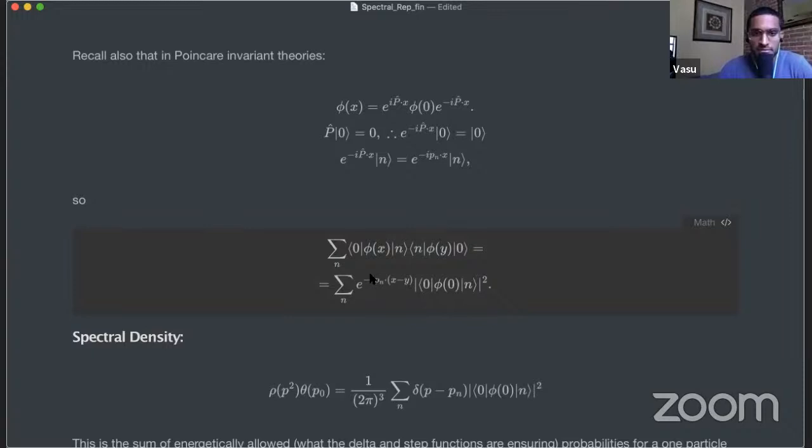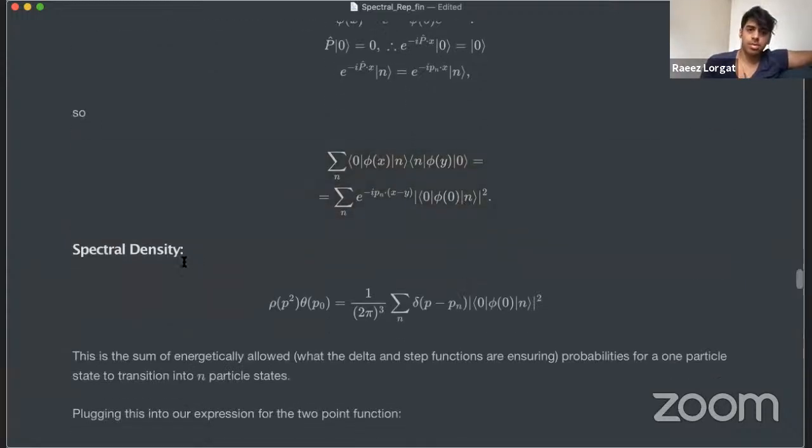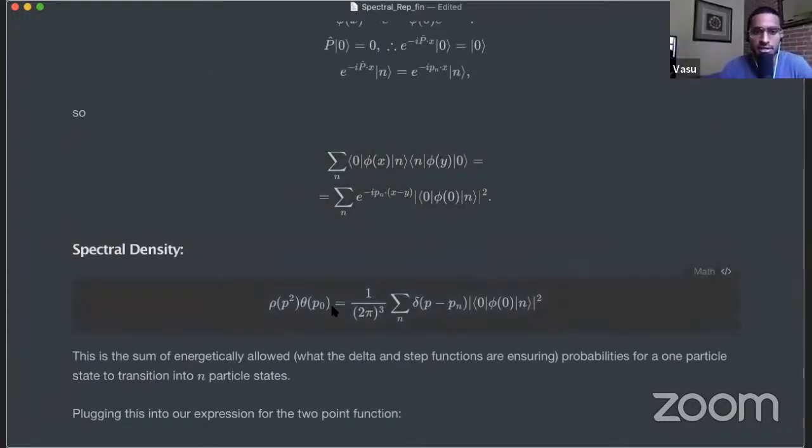This is basically the Fourier transformed sum over the squared transition amplitude between a one particle state and an n particle state. The spectral density is basically this amplitude when you restrict to what's energetically allowable.